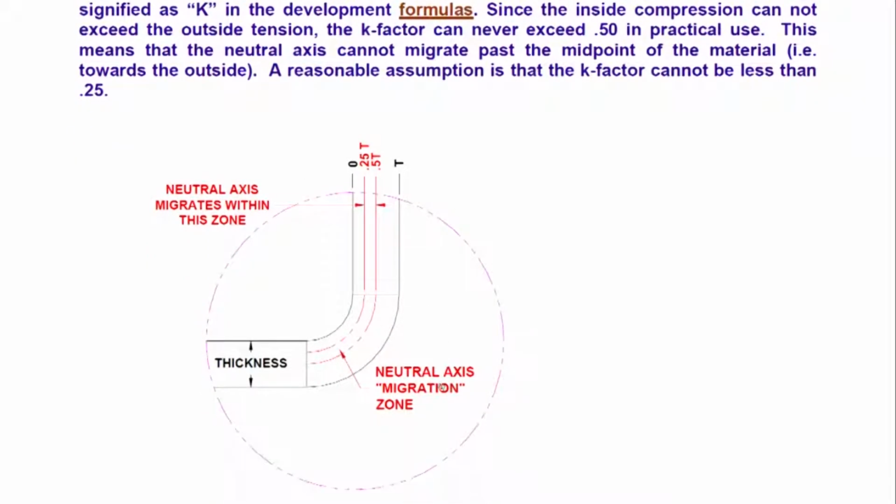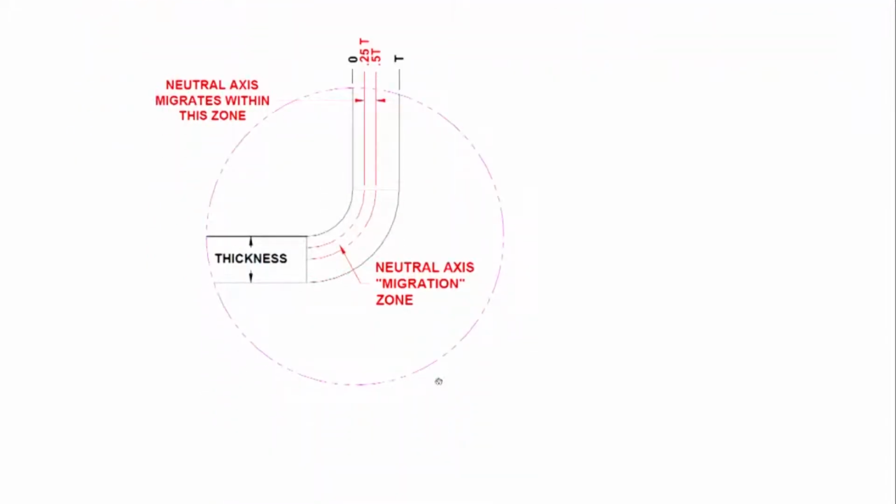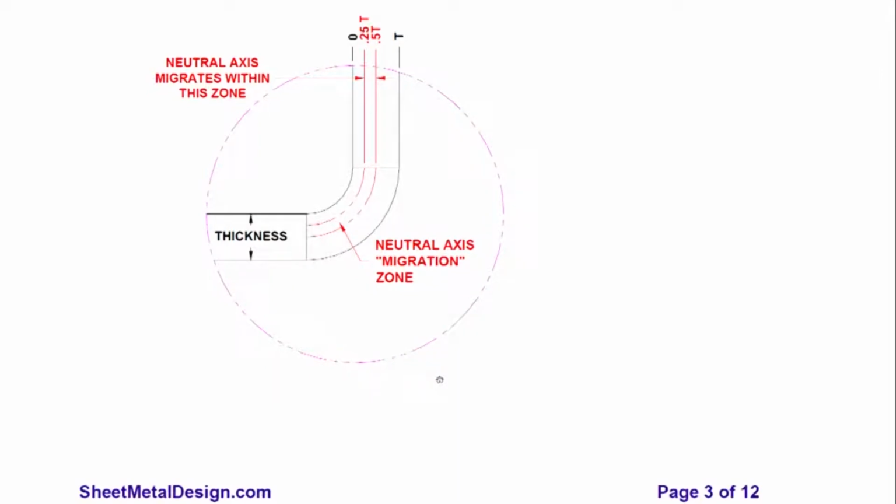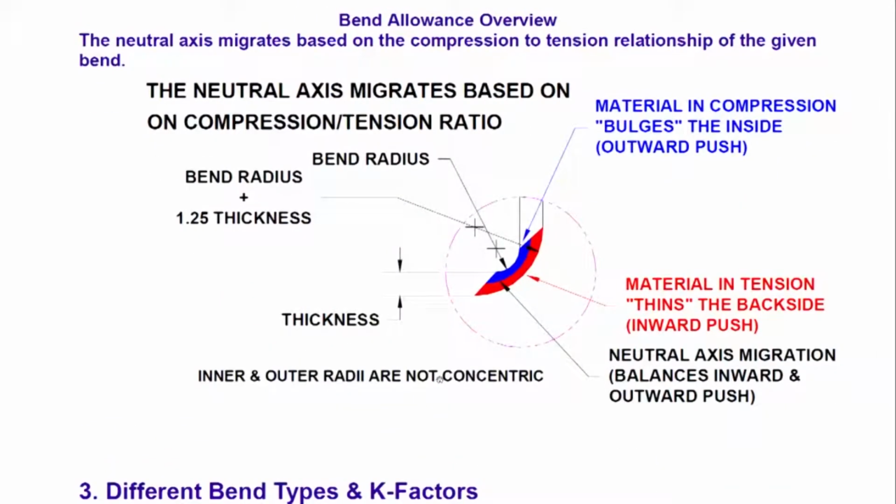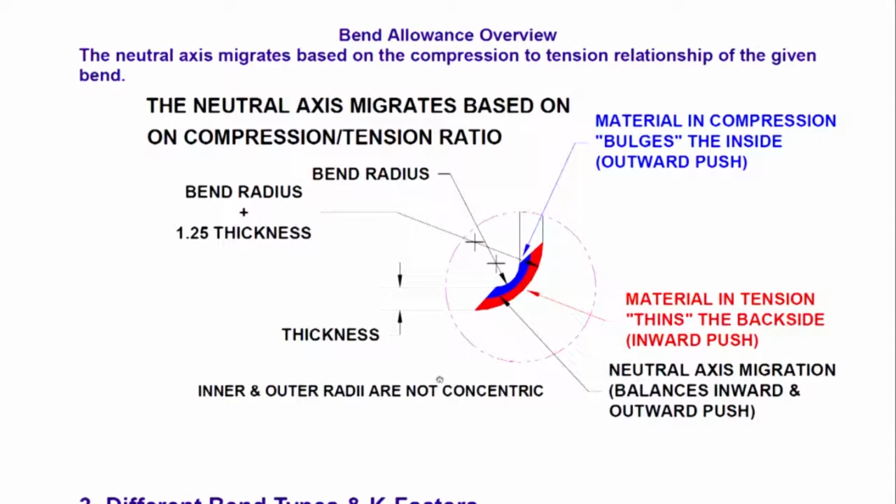As I explained earlier, I cannot give you an exact answer. So what then is the K factor? Subsequent lectures will explain this. The neutral axis migrates based on the compression to tension relationship of the given bend. You see here, even the cross section does not seem to be constant; it thins out.